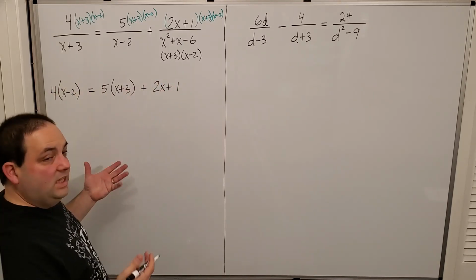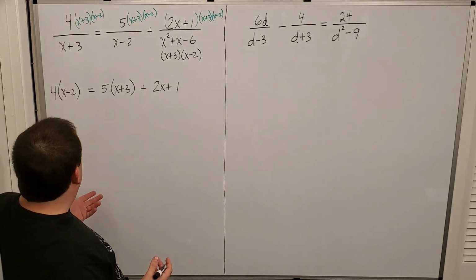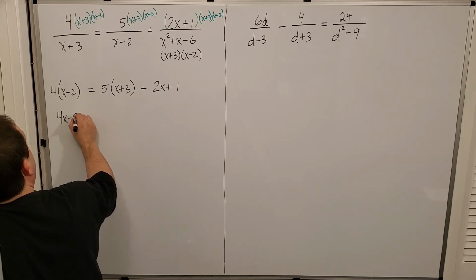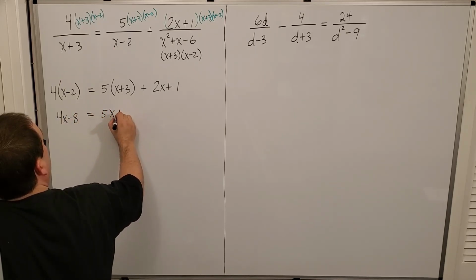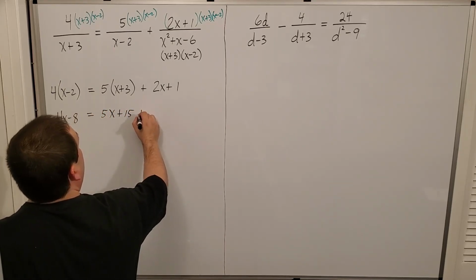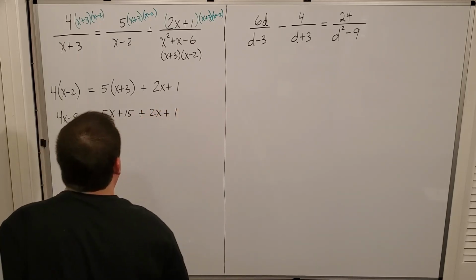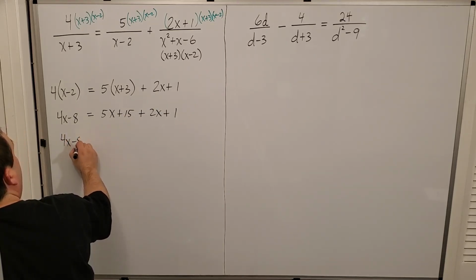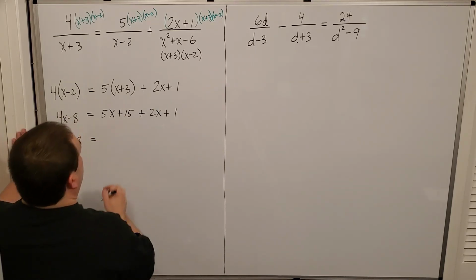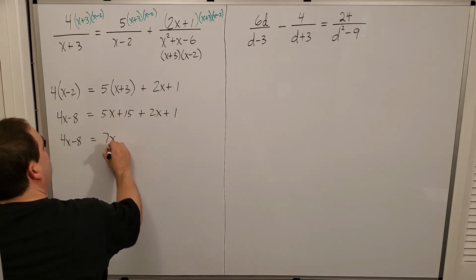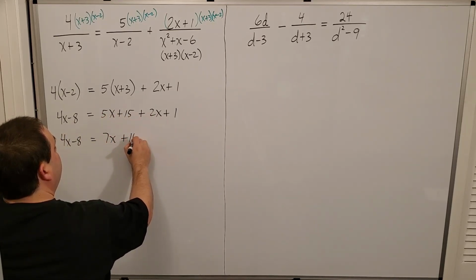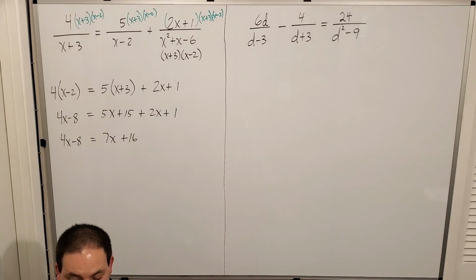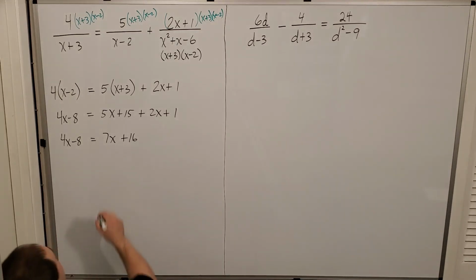Now I have a completely linear equation in this sense. I'm going to distribute. So I have 4x minus 8 is equal to 5x plus 15 plus 2x plus 1. On the right-hand side, I have some like terms to combine. So I have 4x minus 8 is equal to 7x plus 16. At this point, I will do a couple of addition and subtraction steps.